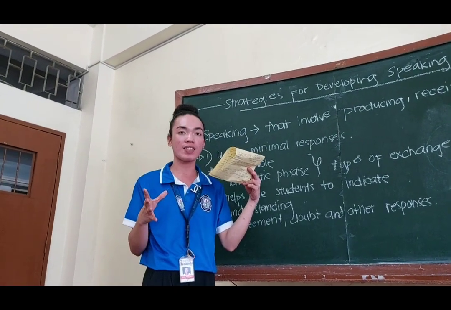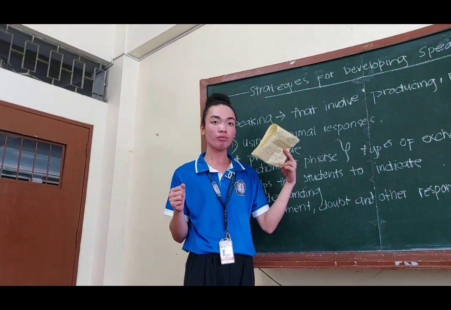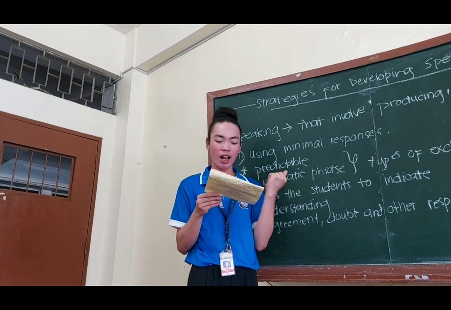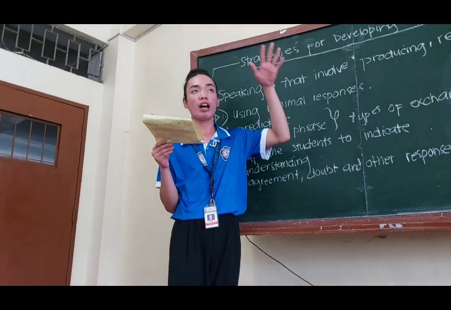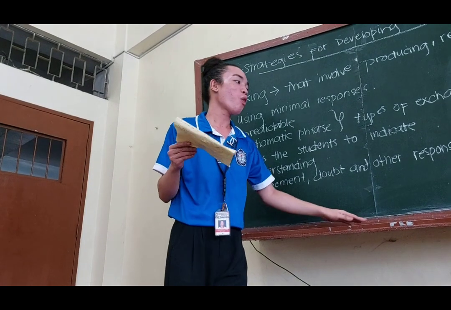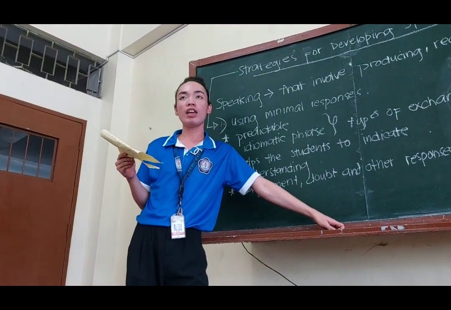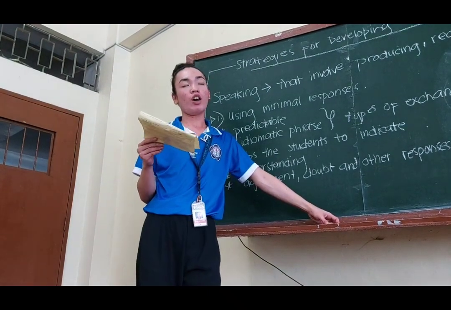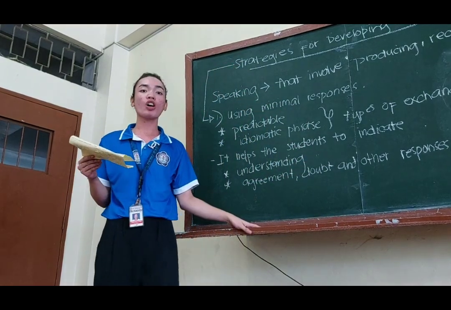For instance, what do you call the flower that falls out of the trees? So the speaker will clarify the meaning or the description of what he or she talks about.